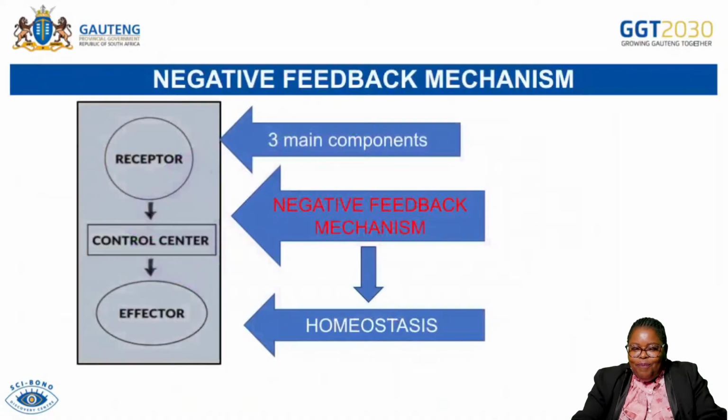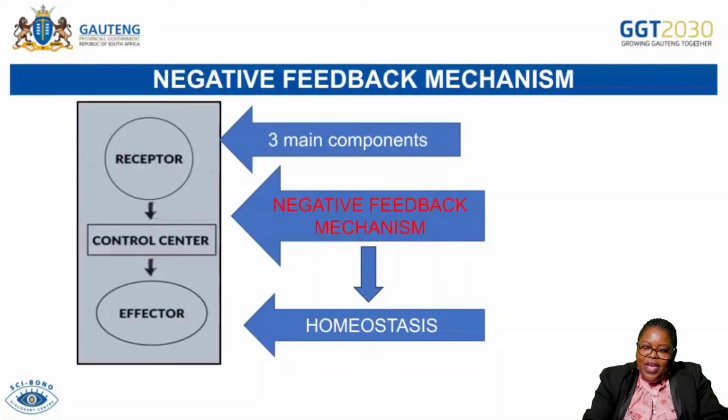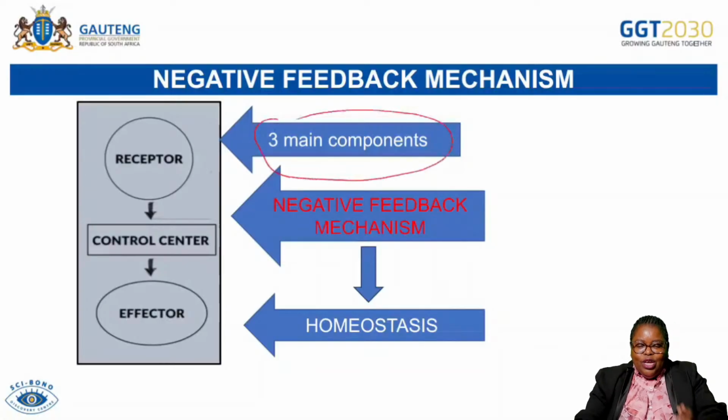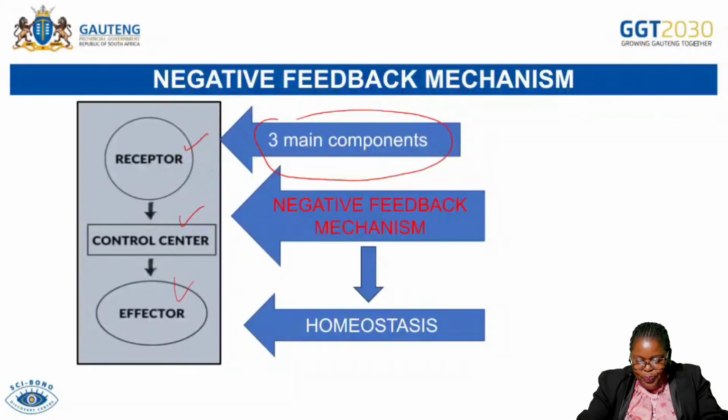Now, for negative feedback mechanism to happen, remember we say it leads to what? To homeostasis. And remember, homeostasis is the process of maintaining what? The constant internal environment, despite or regardless of the changes that are taking place externally or internally, right? Now, there are 3 main components for negative feedback mechanism to take place. So we're talking about the receptors, the control center, and the effector.